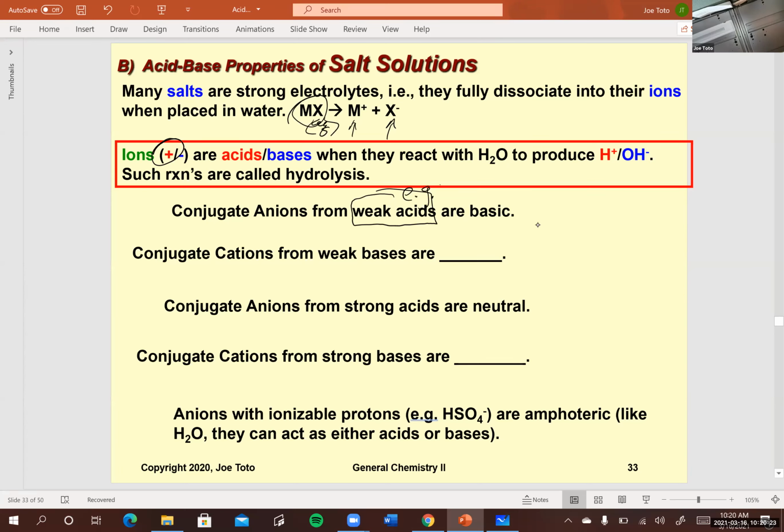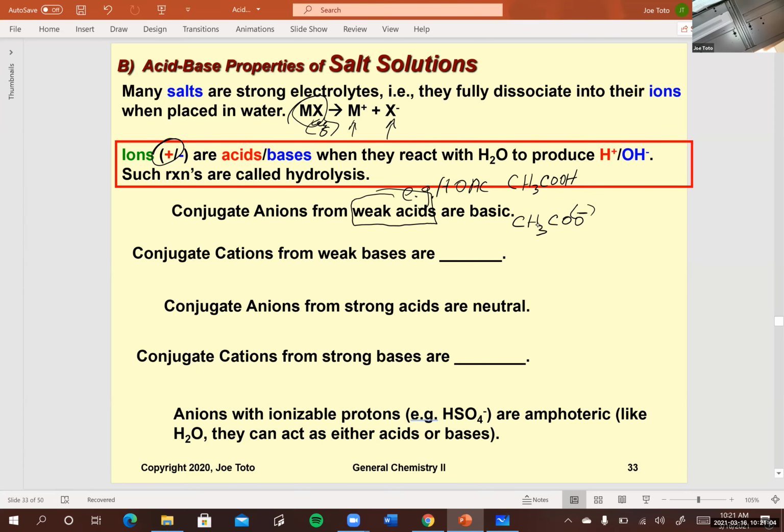Acetic acid, yeah, which we call HOAc in that previous slide. And sometimes you'll see that in lab. That's the formula of acetic acid. So what is the conjugate anion of acetic acid? The acetate anion, right? This is a negative charge.